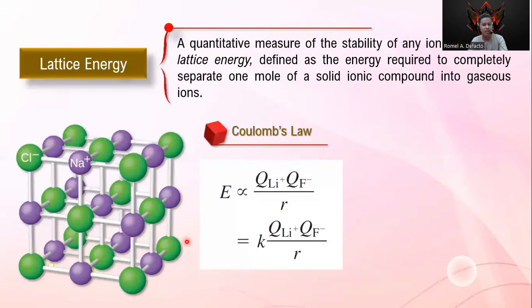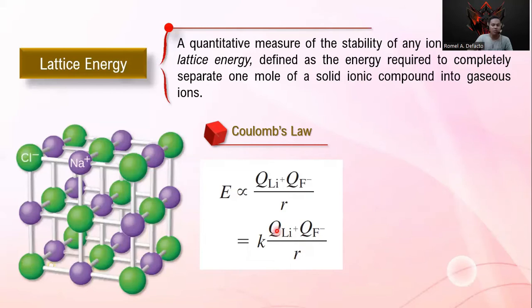First is using the idea of the Coulomb's law. Very simple. This is the interaction of the first example, which is lithium fluoride, no? So there is the charge of the lithium multiplied by the charge of the fluorine, which is negative, divided by the radius. When we say radius, it simply means the distance between the nuclei of these two ions, no?